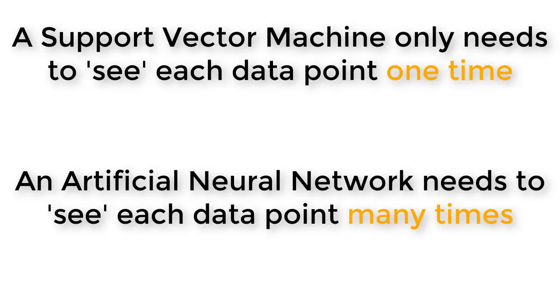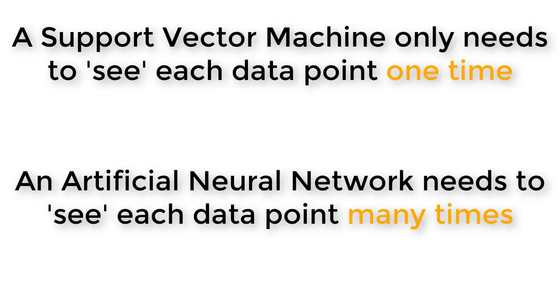Here's how it works. We show the artificial neural network a piece of data, and that piece of data goes through the input, propagates through the network, and comes out as an output indicating which class the artificial neural network thinks that data point belongs to. We then compare that output against the right answer, which we have because this is a supervised learning method.